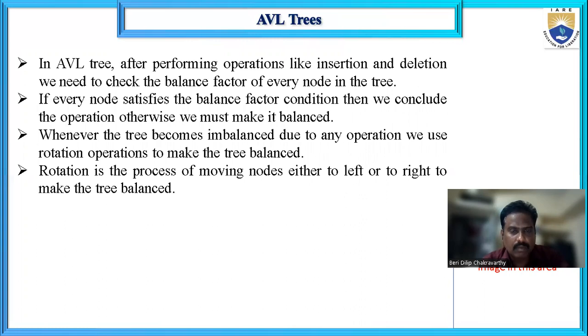In an AVL tree, after performing operations like insertion and deletion, we need to check the balance factor of every node. If every node satisfies the balance factor, no problem, we can conclude the operation. Otherwise, we need to balance it. If we get an imbalance, we need to rotate. Rotation is the process of moving nodes either to the left or to the right to make the tree balanced.